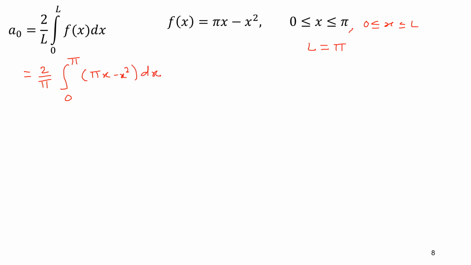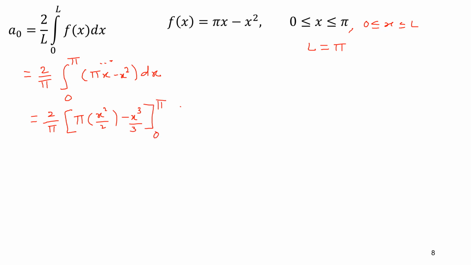Now we need to integrate this. So for that we have 2/pi times the integration of pi times the integration of x, which is x square by 2, then the integration of x square is x cube divided by 3, so it is x cube by 3. Limits for integration are 0 to pi.